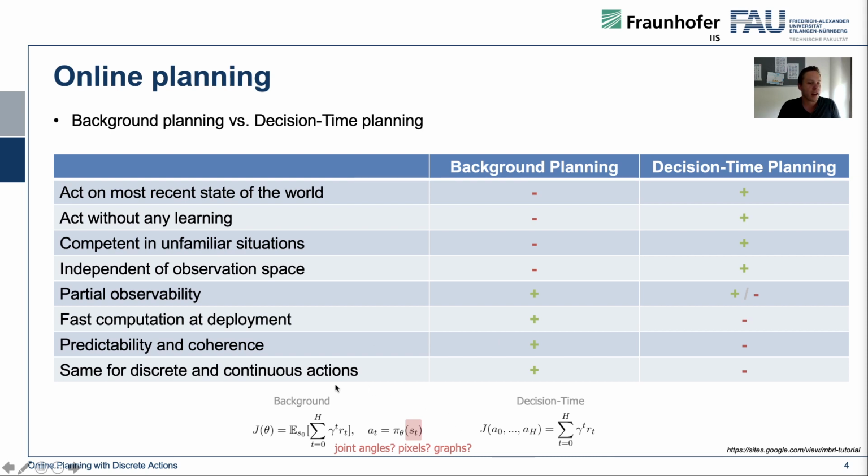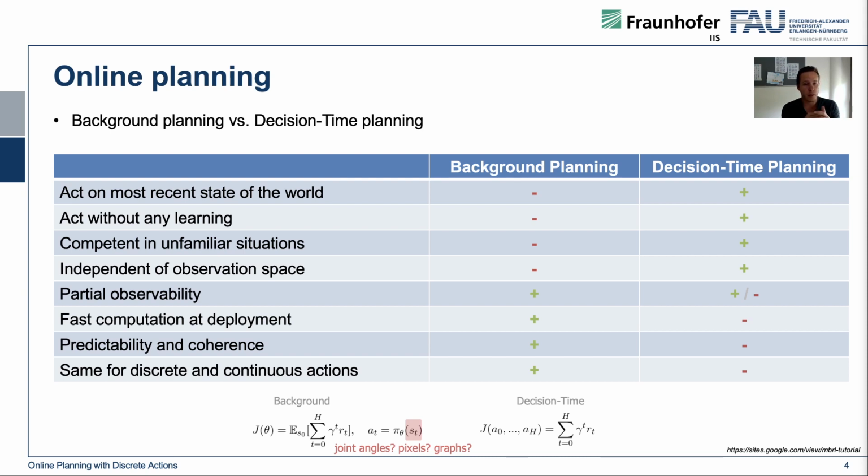If you have a vision system, or your robot just behaves based on a camera image, do you take the pixels? Do you embed a graph out of this? Or do you extract joint angles? What is actually the state space and the state encoding?